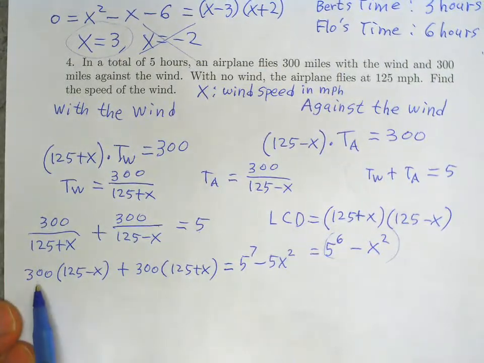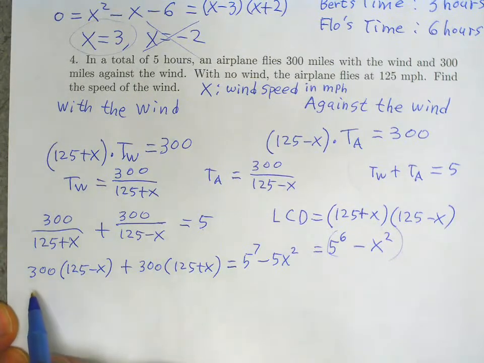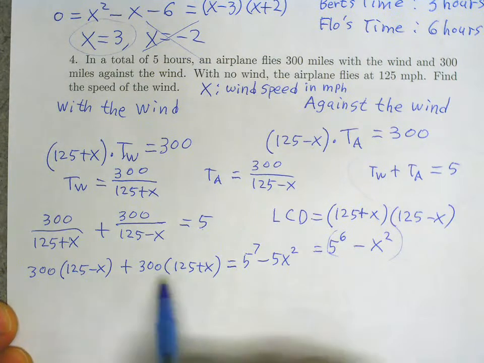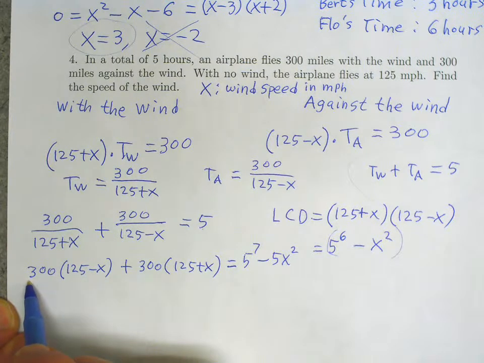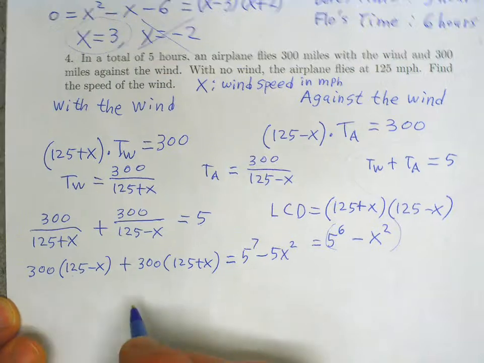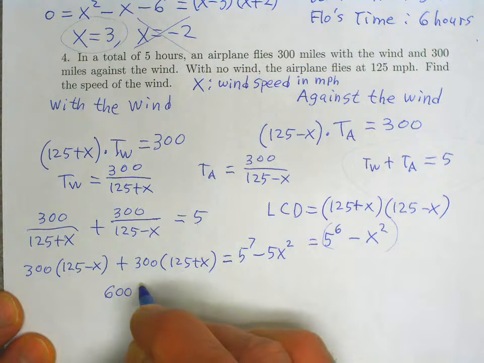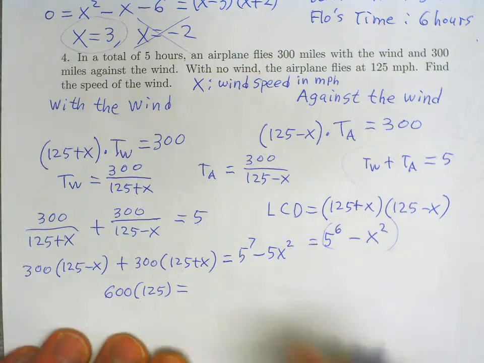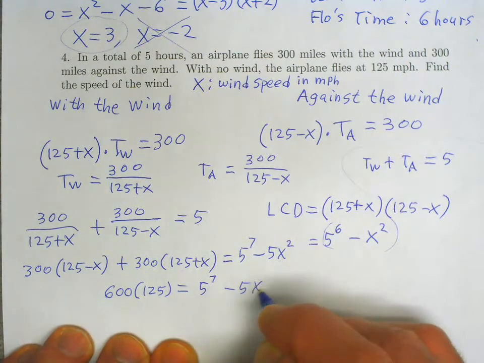Okay, when you do the arithmetic, since we're about out of time, notice that the minus 300x and the plus 300x cancel, and we're just going to be left with 300 times 125 plus 300 times 125, which is a total of 600 times 125, equals 5 to the 7th minus 5x to the 2nd.